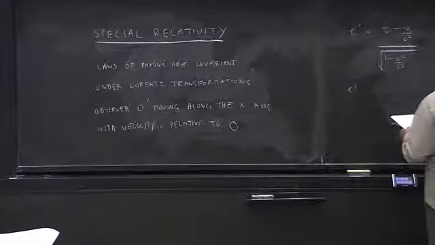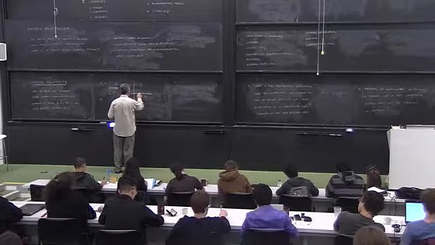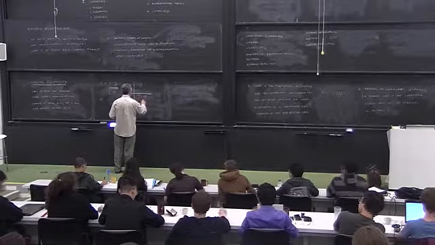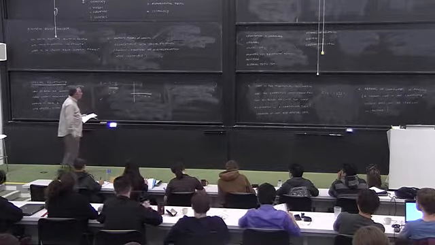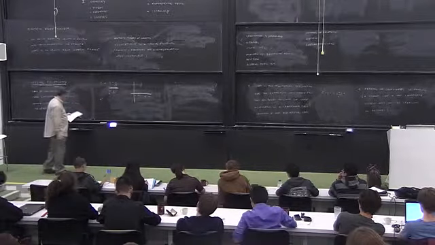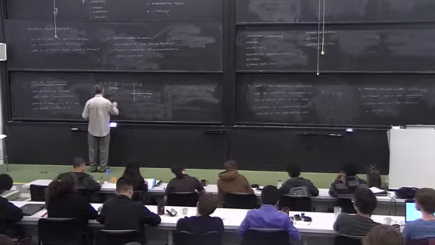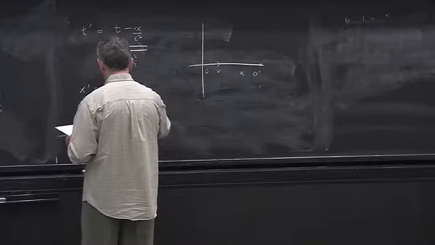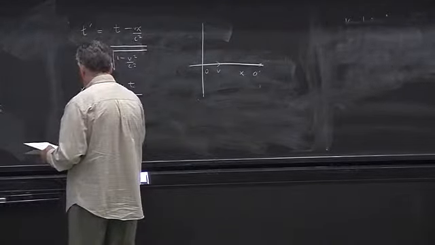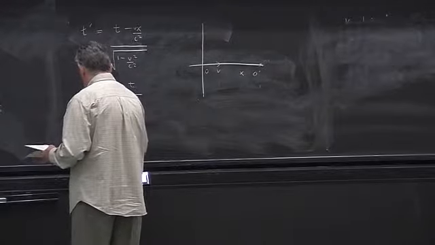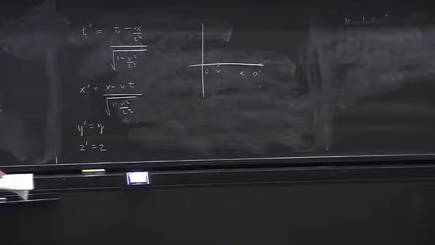So here's the setup. O prime's moving relative to O with speed v. And if he's moving along the x-axis, the y and the z coordinates are just the same. That won't be true in general, but in this simple example it is.